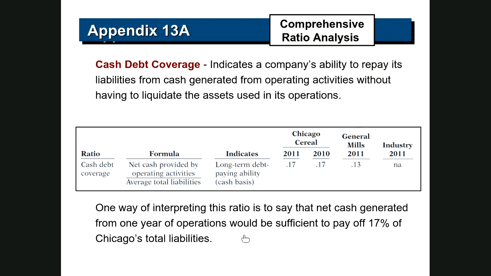We don't have any average, so just take the total liabilities. Go to the total liabilities. How much? 8,870.